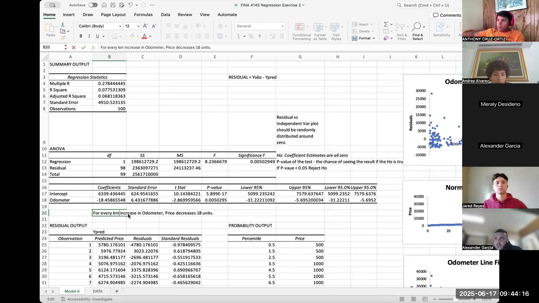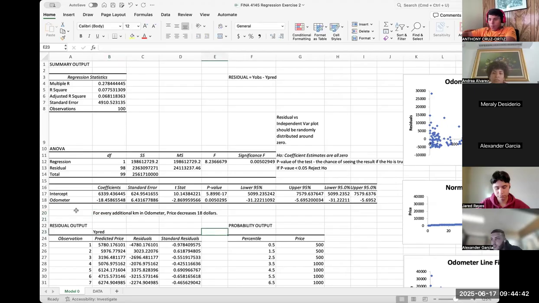For every kilometer, so every additional kilometer, let's say it like that, price drops or decreases $18. All right, so that's the interpretation of odometer.